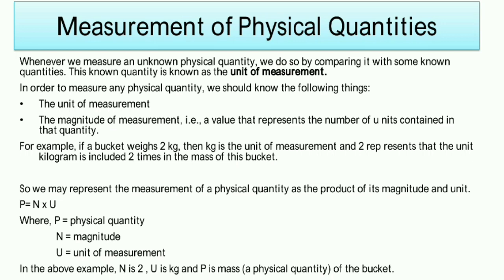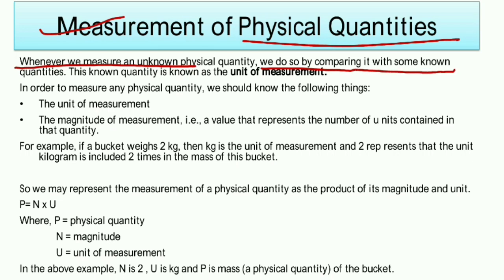So today we'll learn about the measurement of the physical quantities. Whenever we measure any unknown physical quantity, we do so by comparing. How do we measure? We compare the unknown quantity with some known quantity. Suppose you are purchasing vegetables in the market.